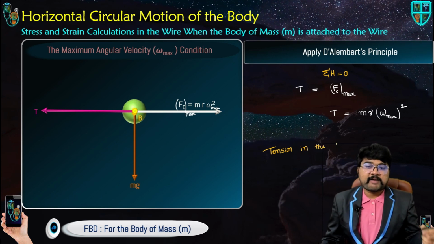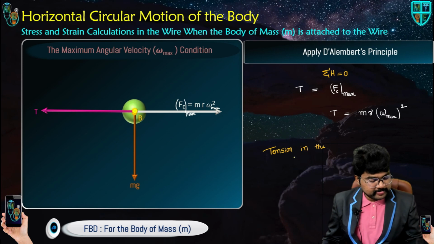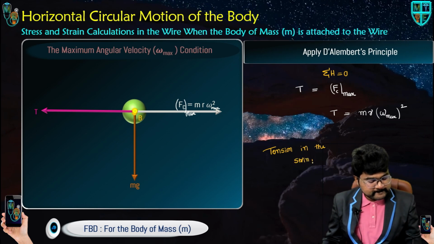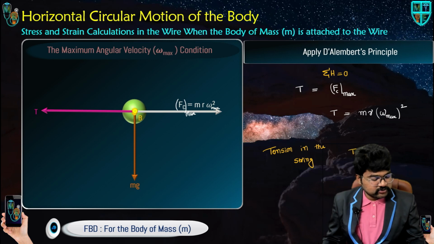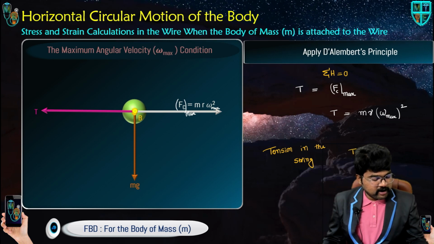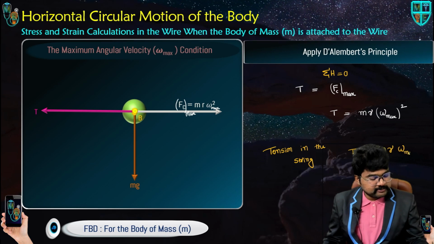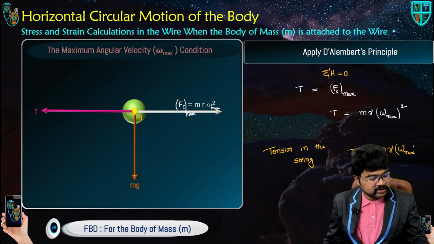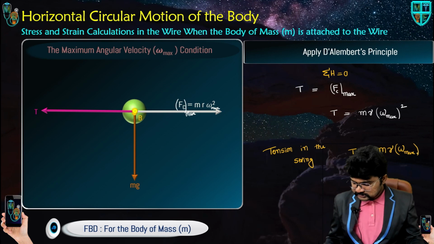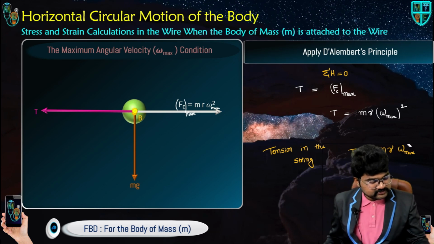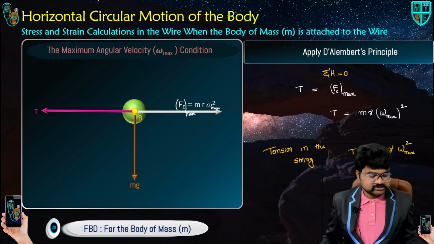At maximum angular velocity condition, tension in the string T equal to m R omega maximum square.